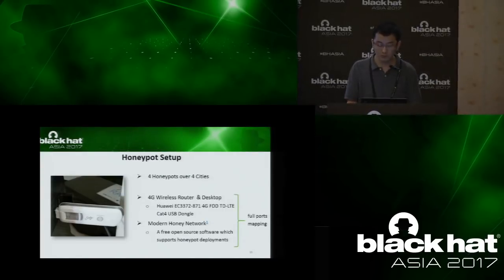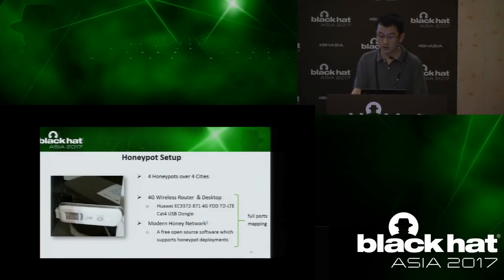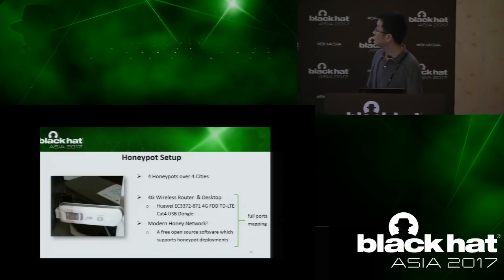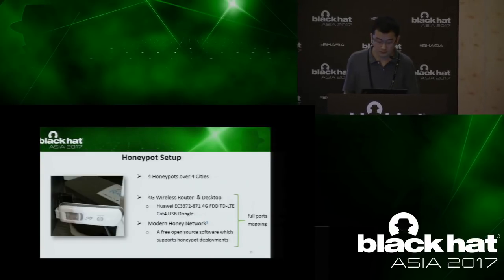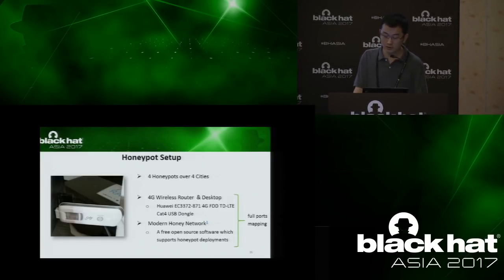For the port mapping honeypot devices, we need 4G routers, such as the Huawei USB wireless router, and a desktop PC. We also use a free open source software which supports honeypot deployments, named Modern Honey Network.